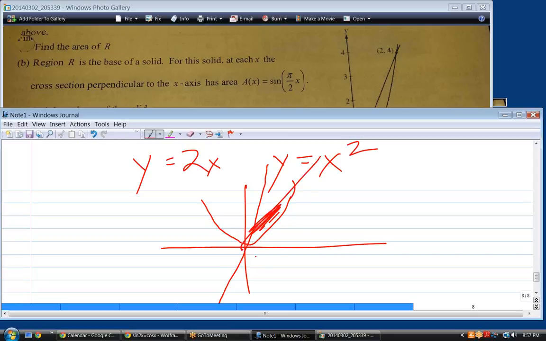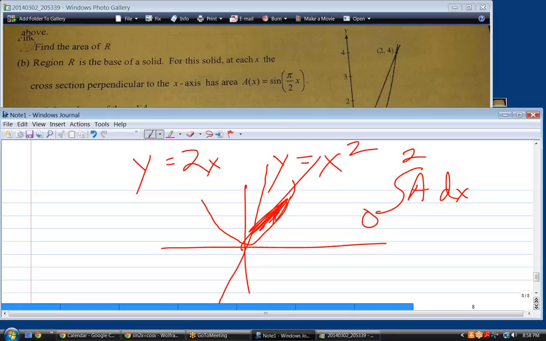So here's our solid. Well, if we knew what type of object was on top of there, we would take the integral from 0 to 2 of the area dx. Now normally when we were dealing with semicircles, the area was 1/2 pi r squared.